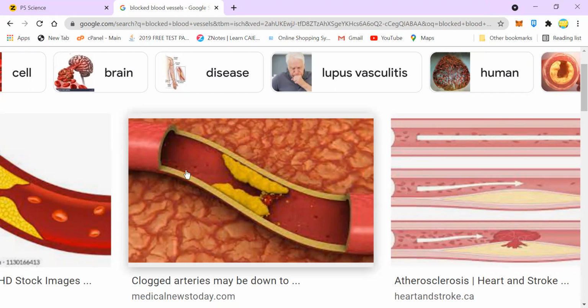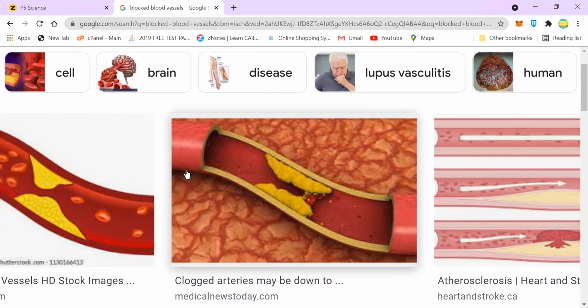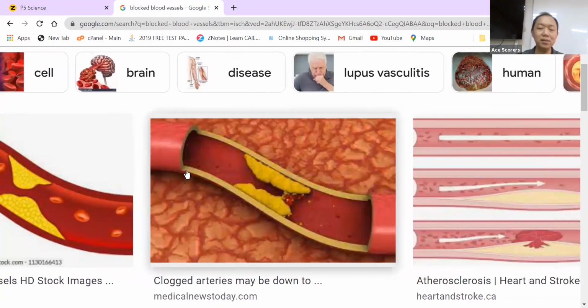Yeah, the extra fats will be there. If you eat a lot of fats and calories, some of them get stuck, not in your stomach, but inside the artery.